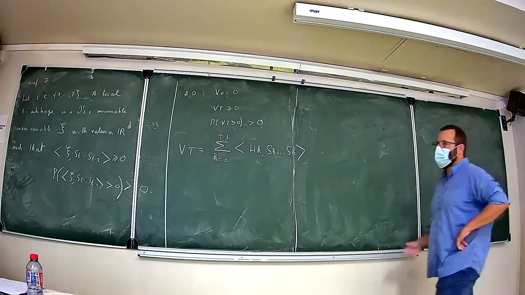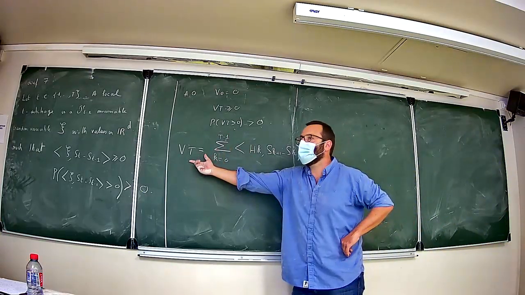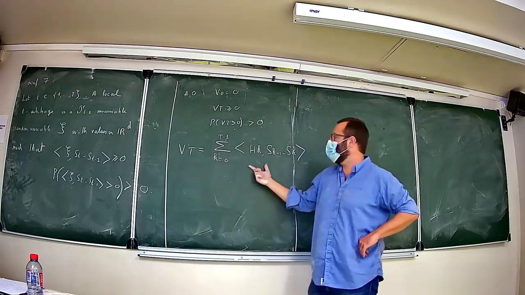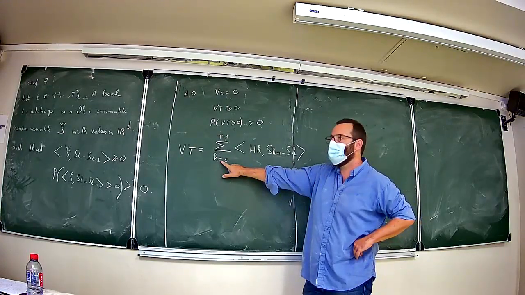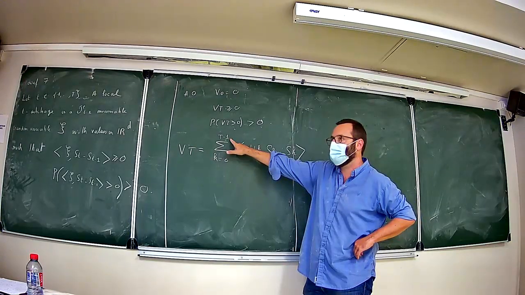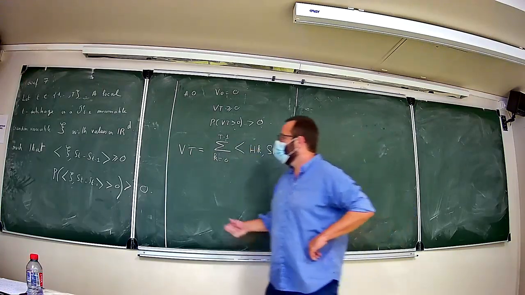And in fact, you see that in the definition of my value, because I am self-financed, I have this kind of terms for k equal to 0 to T minus 1.